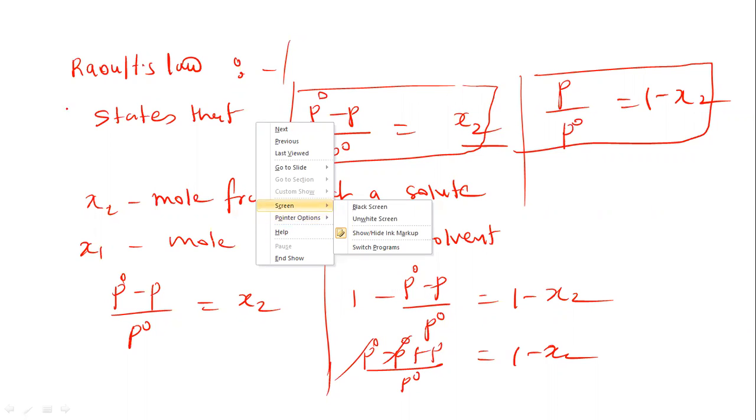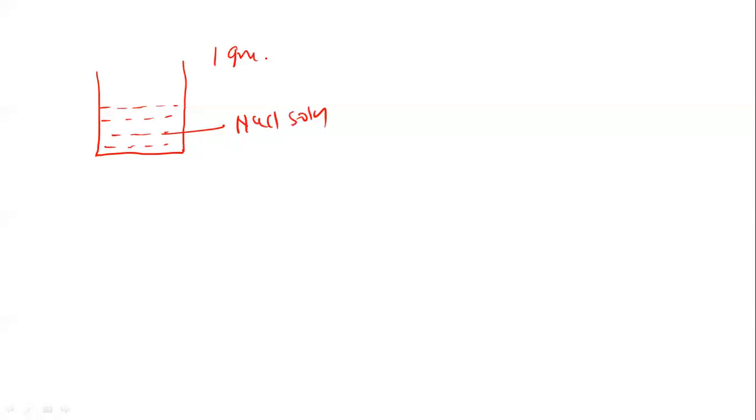Suppose we add sodium chloride in water to make a sodium chloride solution. If we add 1 gram of sodium chloride, then the relative lowering of the vapor pressure, P0 minus P upon P0, is equal to X2, the mole fraction of the sodium chloride solute.